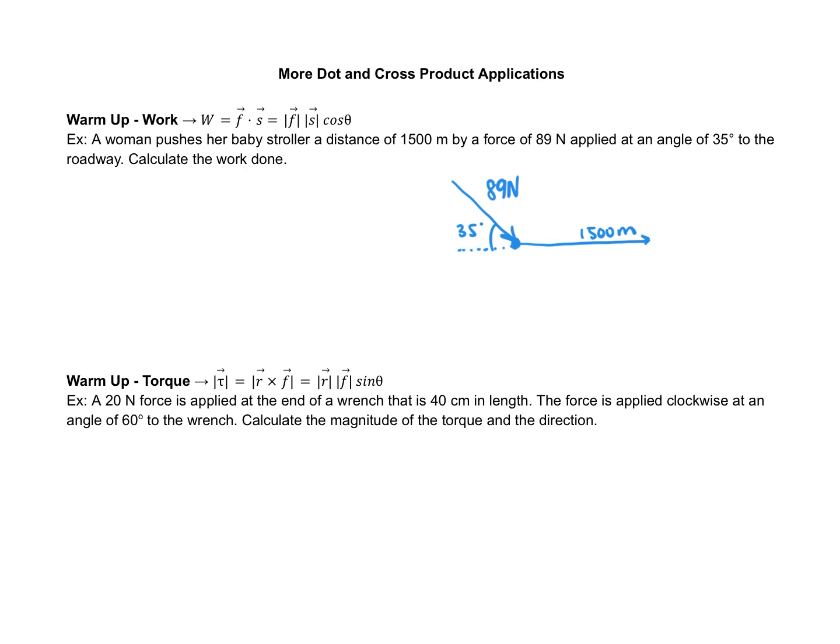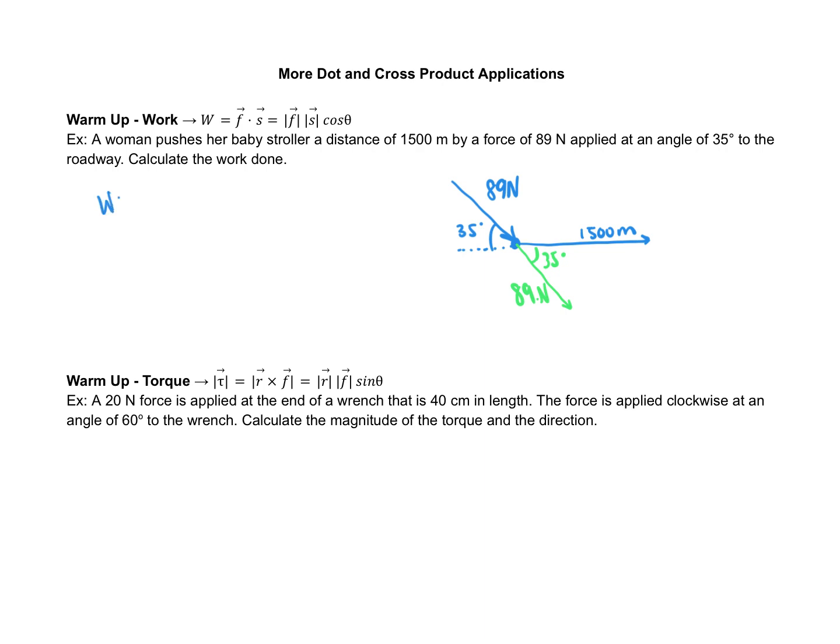Now, when we use our work formula, the angle has to be when the vectors are tail to tail. So I'm going to take that 89 newton force and shimmy it down a little bit. And because 35 degrees is opposite to the angle I need, that is also 35 degrees.